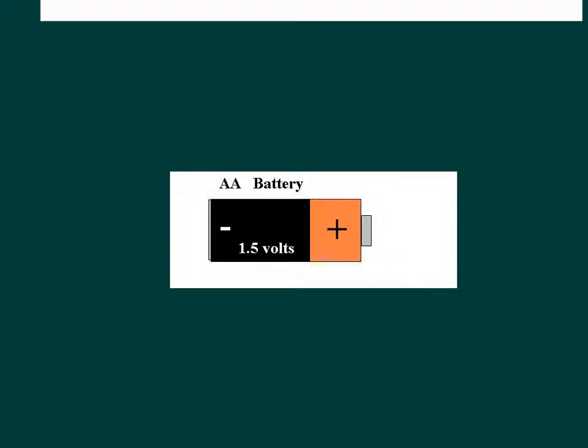And so hopefully you can remember that negative is your anode, and that's where oxidation takes place. So remember an ox. And the positive end is your cathode, and that's where reduction takes place. So remember red cat.